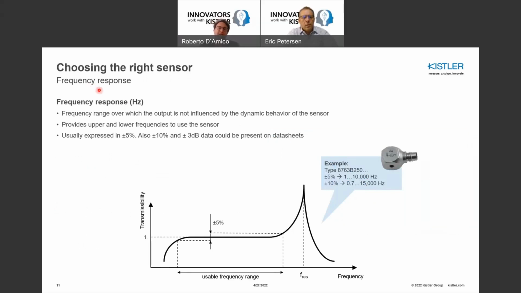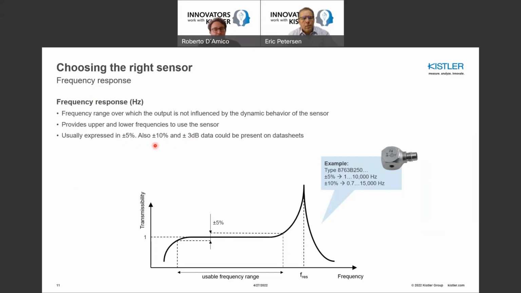A parameter which is gaining more and more importance nowadays with electric mobility is definitely frequency response. What this parameter is telling you is the usable frequency range over which your sensor is going to provide a rather linear response. This value is usually provided within bounds, for example, plus minus 5%, plus minus 10%, or maybe plus minus 3 dB.